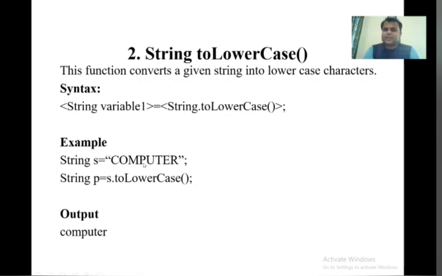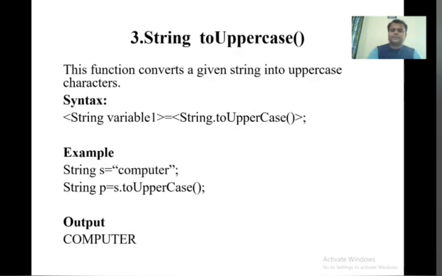If it is already in lowercase, it will show the lowercase one. Okay, computer. And the third one is vice versa. If it is in lowercase, I am going to convert into uppercase, s dot toUpperCase. Here the first letter should be a small letter t, and U and C should be capital letters, because Java is case sensitive. While writing the functions you should be aware of the case sensitivity.